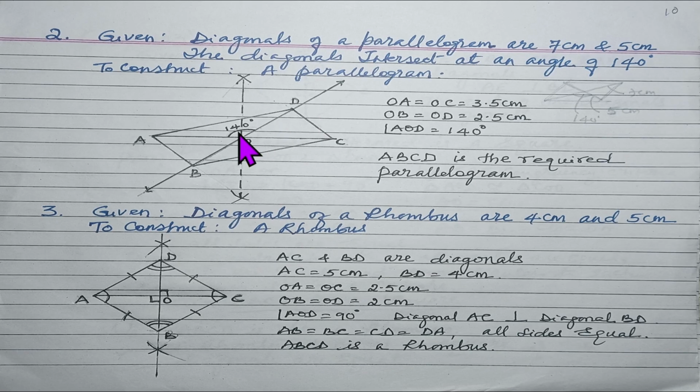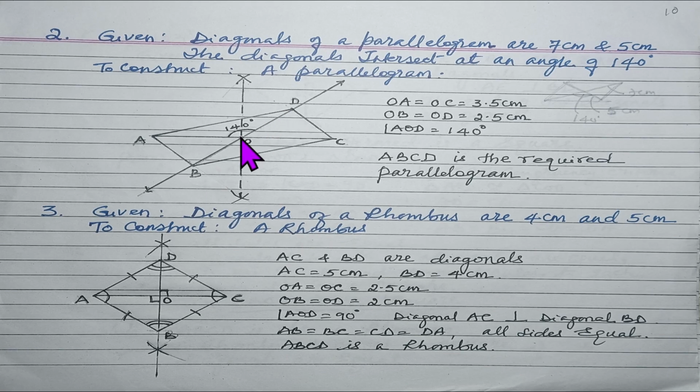Now construct an angle 140 degrees here, angle AOD, which is 140 degrees. Extend this OD on both sides, let us say OD is extended to X and DO is extended to Y. So we have got XY as the other diagonal.